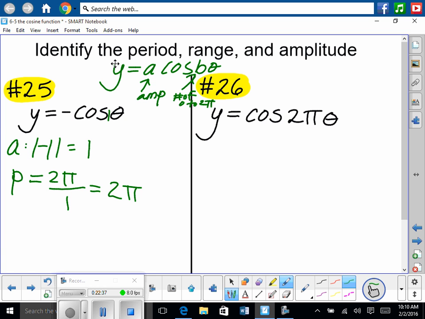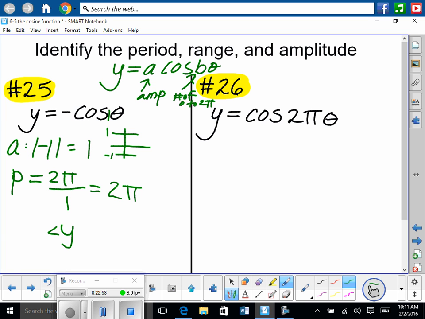And then my range. Remember, anytime I say what's the range, you know you're looking at the y values of the function. How far up and down does my function go? So if it has an amplitude of 1, isn't it going up 1, down 1? So it's bouncing between -1 and 1, right? Now range is y values, so you'll write it as an inequality.